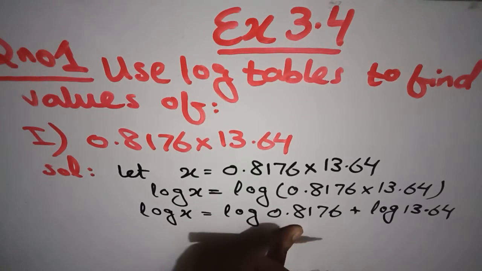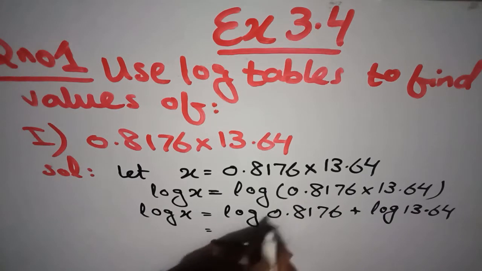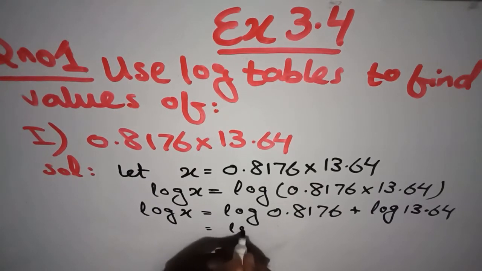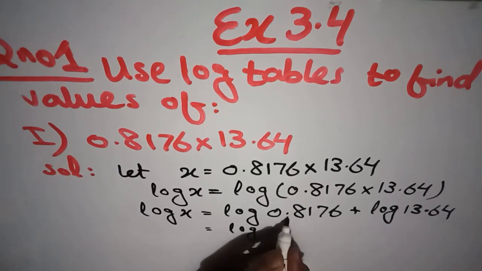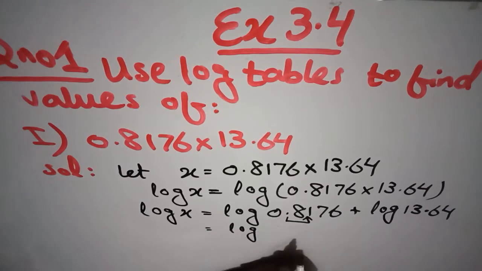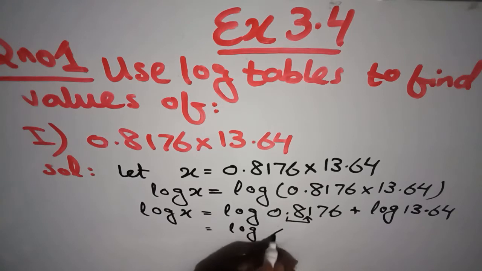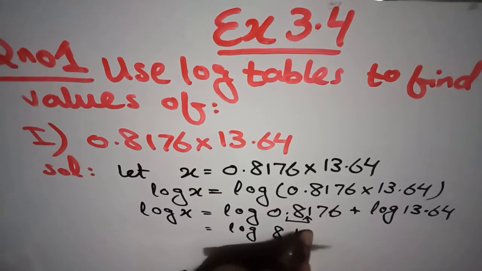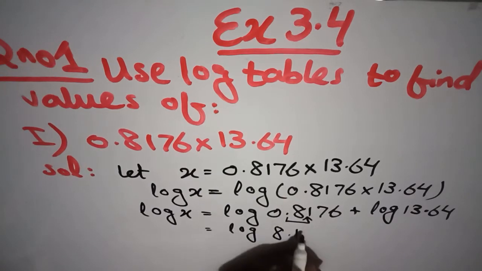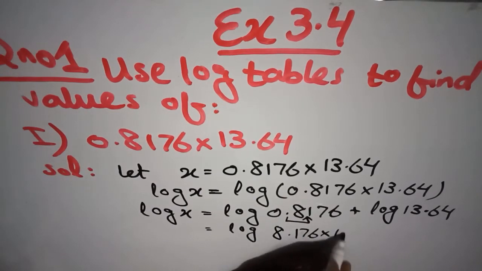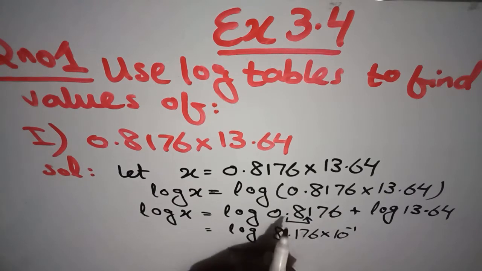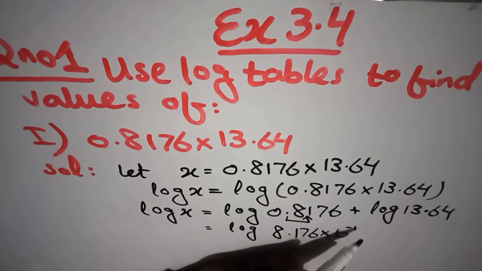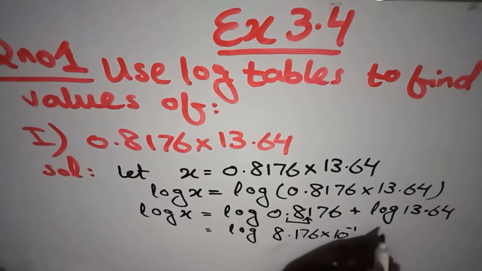Now what is the standard form? Standard form for this value will be: this point will move after 8, so you can write 8.176 multiply 10 raised to power minus 1, because the point is moving from left to right, so the power will come with a negative sign.